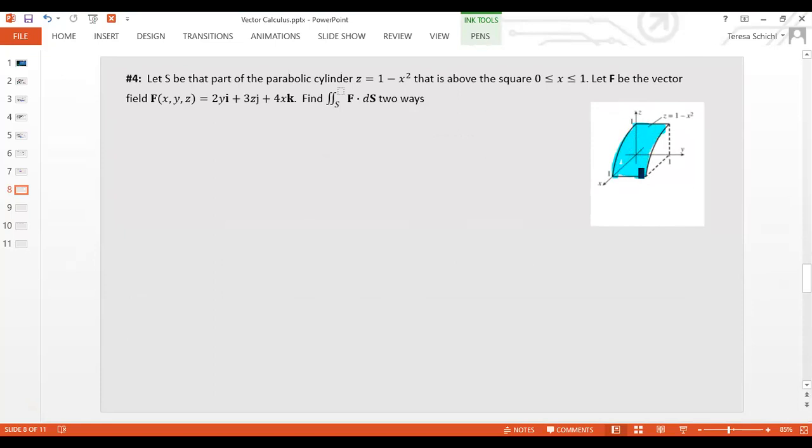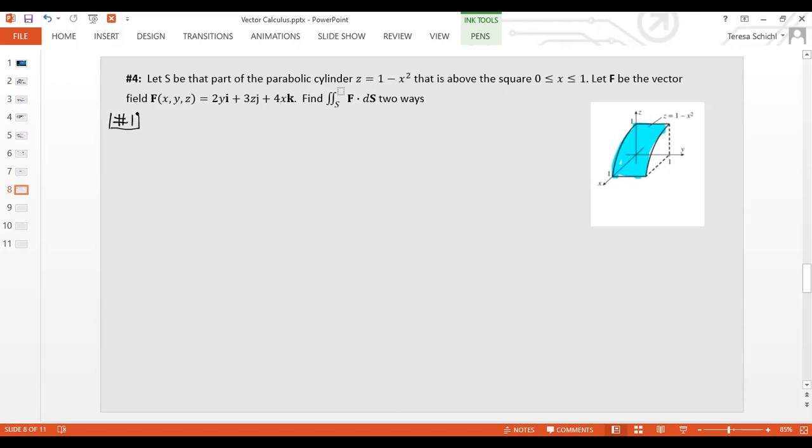Let's try to do it in two ways. The first way is to parameterize it. With problems of this type, parameterization is the hardest part. So let's look at method number 1.